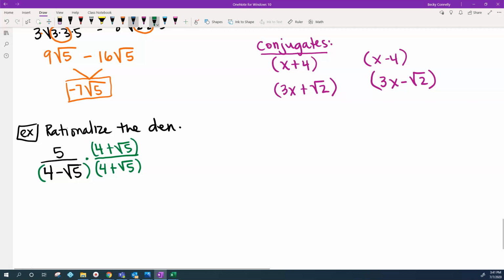Okay? So then on the top, I'm going to distribute this 5 through. Right? So I'll have 5 times 4 gives me 20. And 5 times the square root of 5 is just plus 5 square roots of 5.